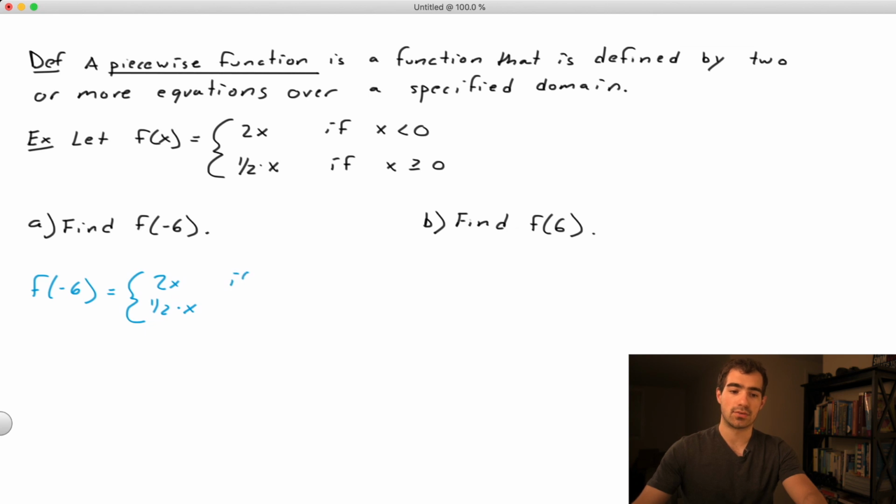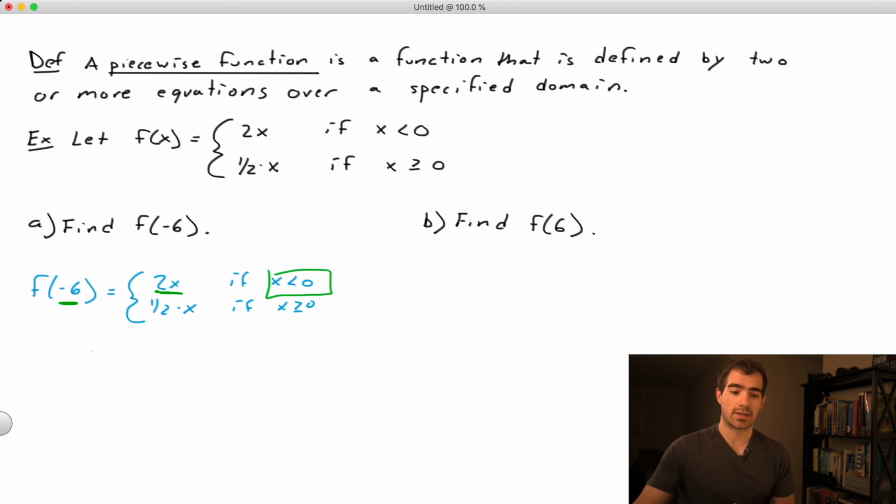We know that 2x is evaluated if x is less than 0, and 1/2 x is evaluated if x is greater than or equal to 0. In this case, -6 falls in this portion of the domain, right? -6 is less than 0. And so we're going to use that 2x that corresponds to that part of the domain.